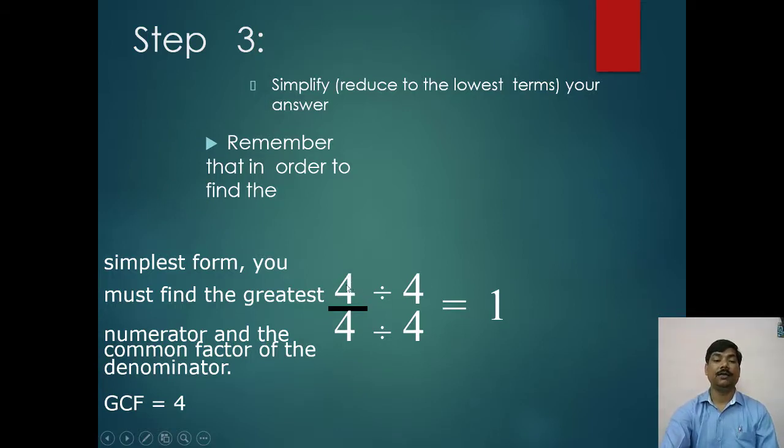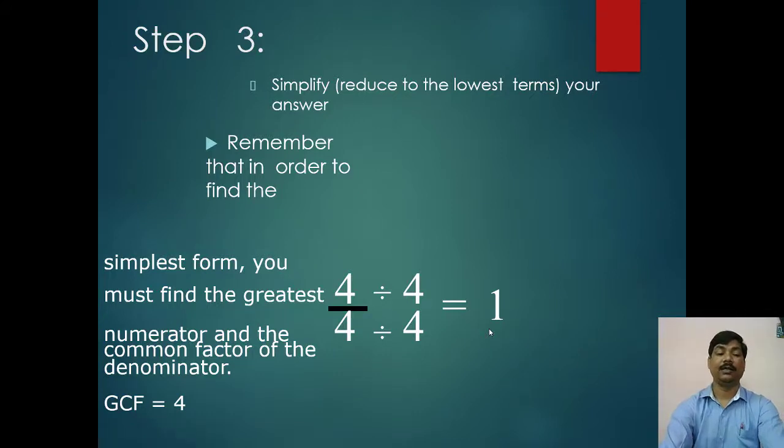Here the highest common factor is 4. So we divide the numerator by 4 and the denominator by 4. We get the result 1. This is the simplest form of 4 upon 4. So your final answer will be 1.